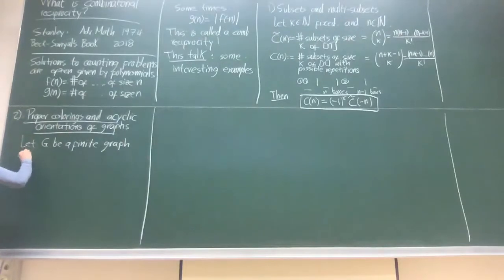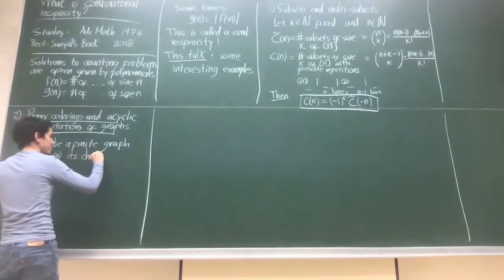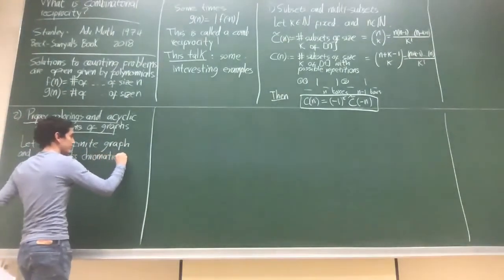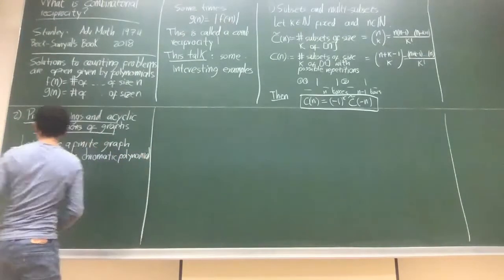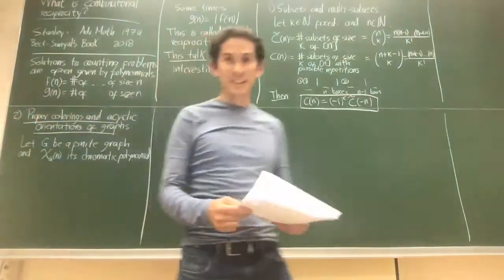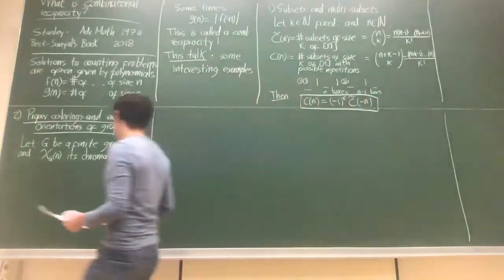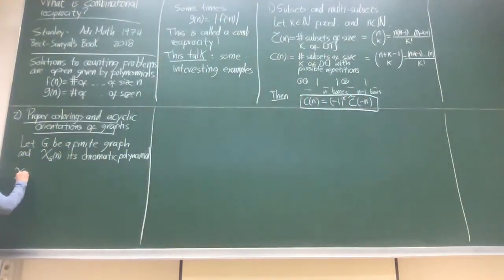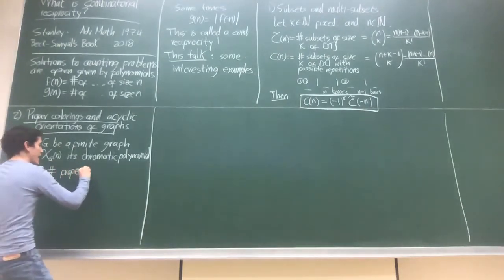And chi G of n is the chromatic polynomial. Does anyone remember what this is? This one, chi G of n, is defined as the number of proper n colorings.